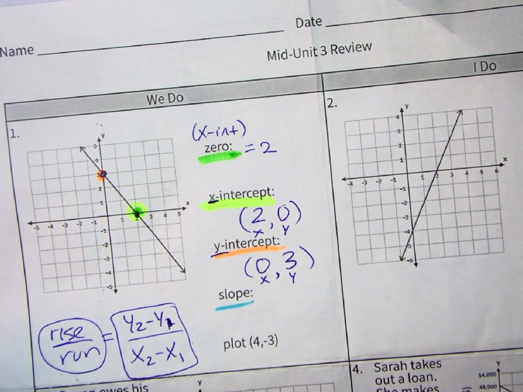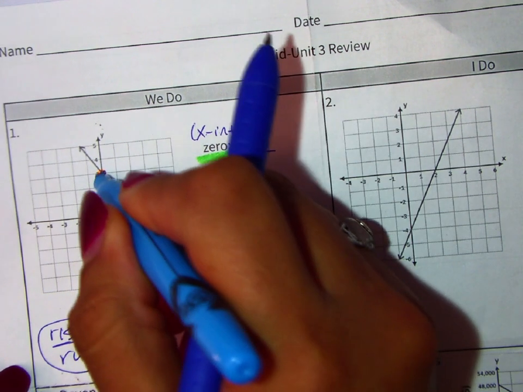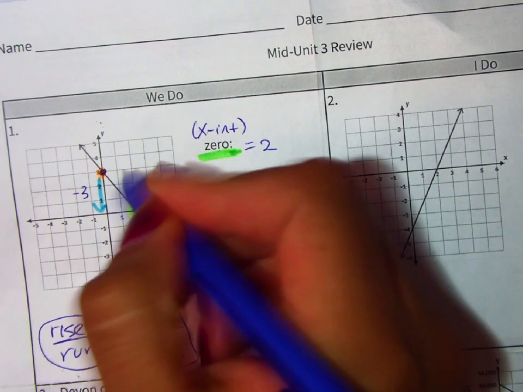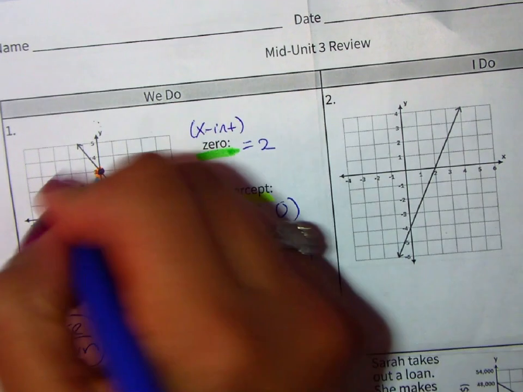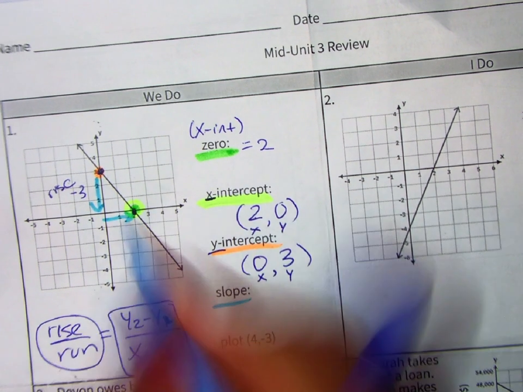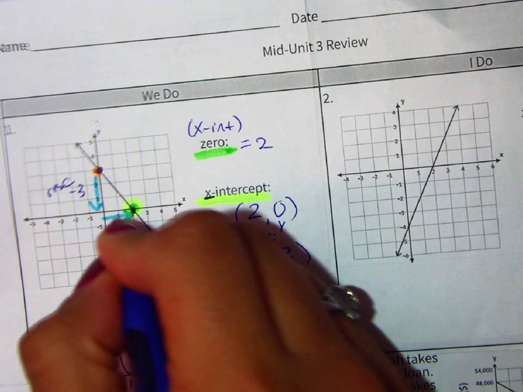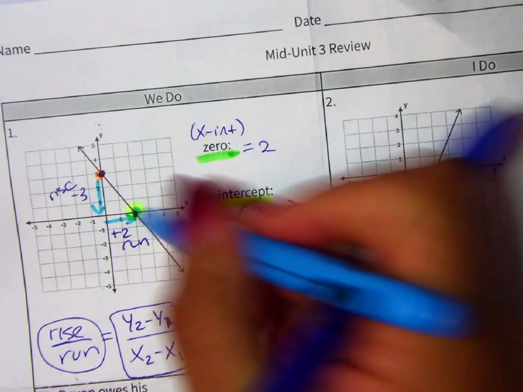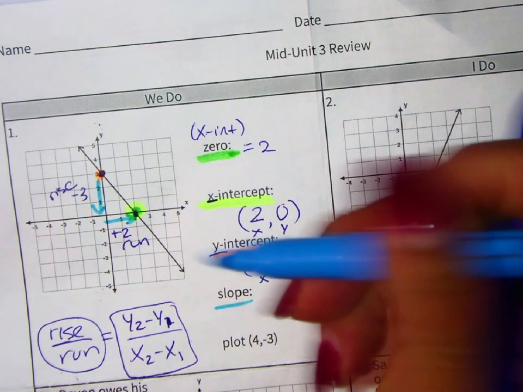And we're going to notice that from one point to another, we're going to go down 3. So that's negative 3 as your rise. And then across 2, positive 2. And that's your run. Some of you were asking me, what if you go up? Will that still be negative?